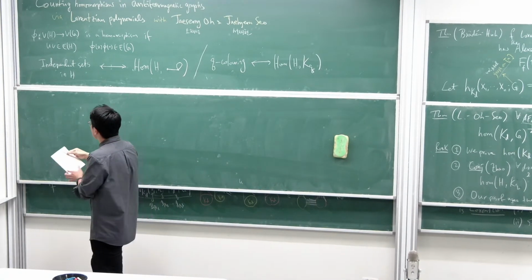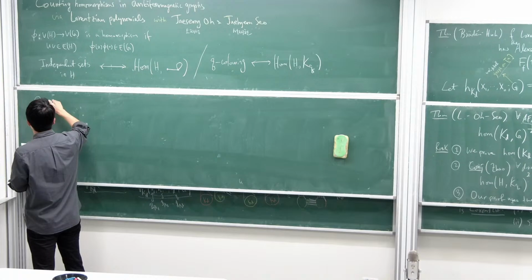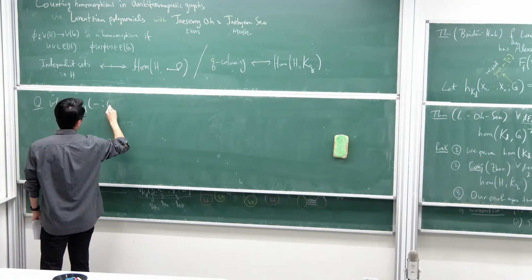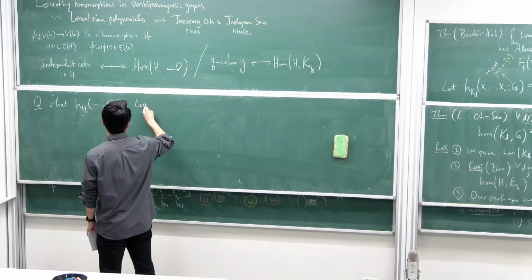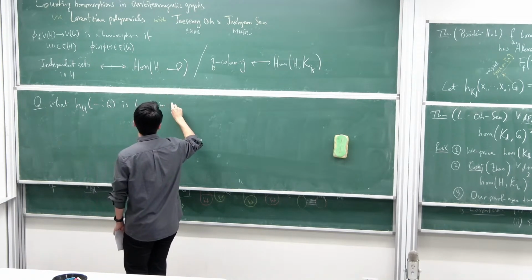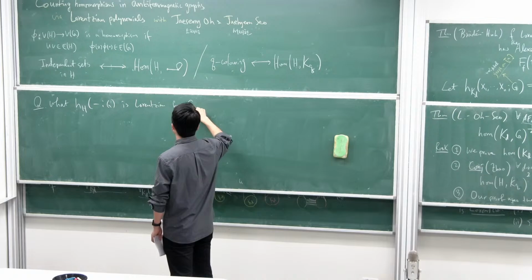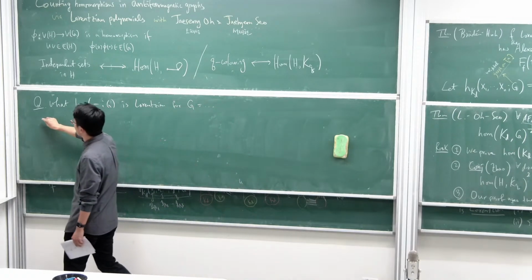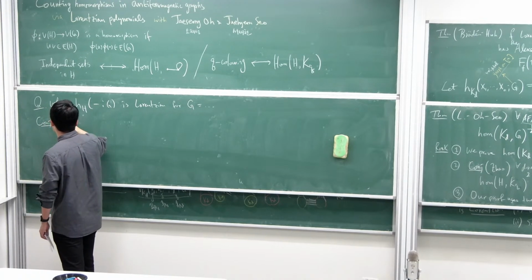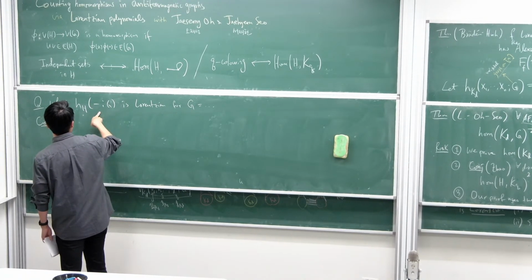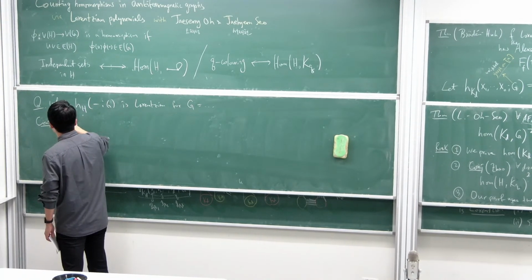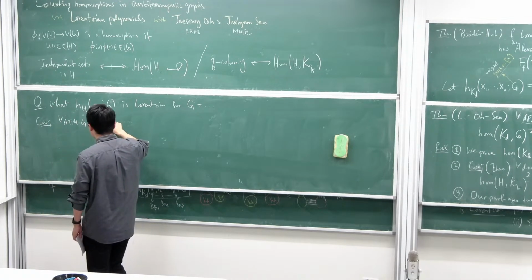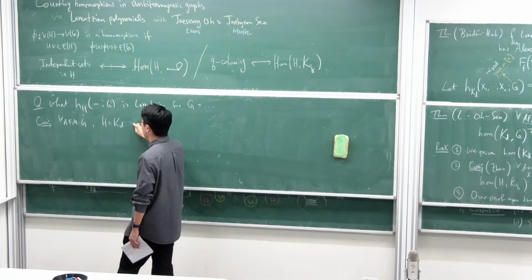But another question you can ask is what polynomials of this type are Lorentzian for various choices of G. So our conjecture is that if you want this to be Lorentzian for any antiferromagnetic G, then the complete graph that we found is the only answer.